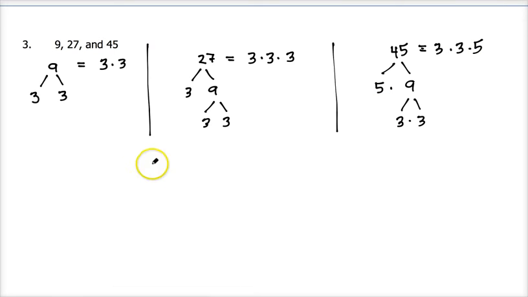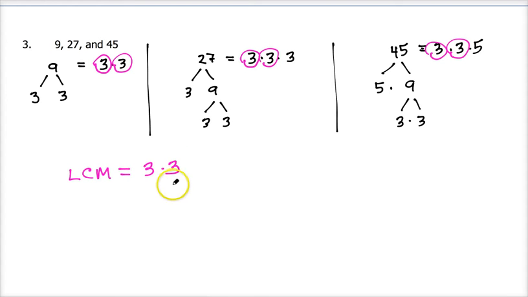So again, the LCM is found by first circling the shared factors. Each list shares a 3. So I'm going to bring one single 3 down to my LCM. Each list shares another 3. So now I have a second 3 in my LCM. If I were asking again the GCF, this would be the GCF, 3 times 3, which is 9.